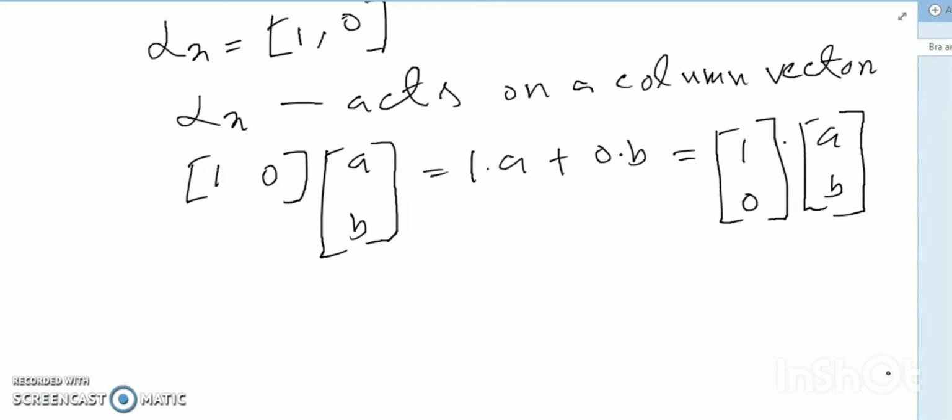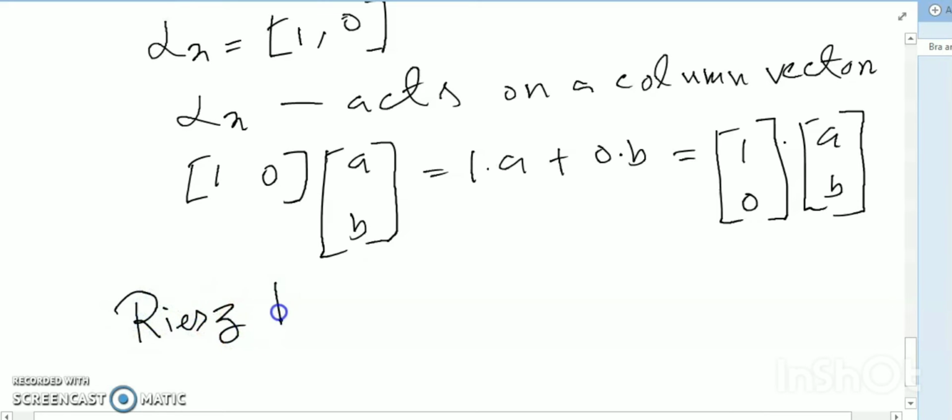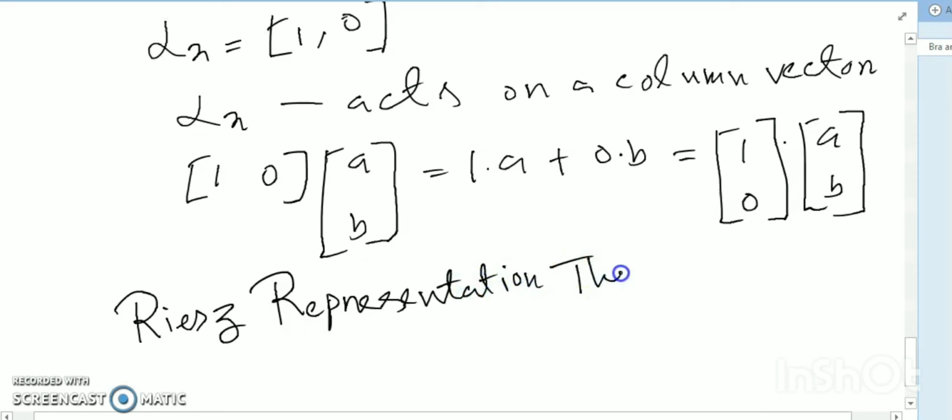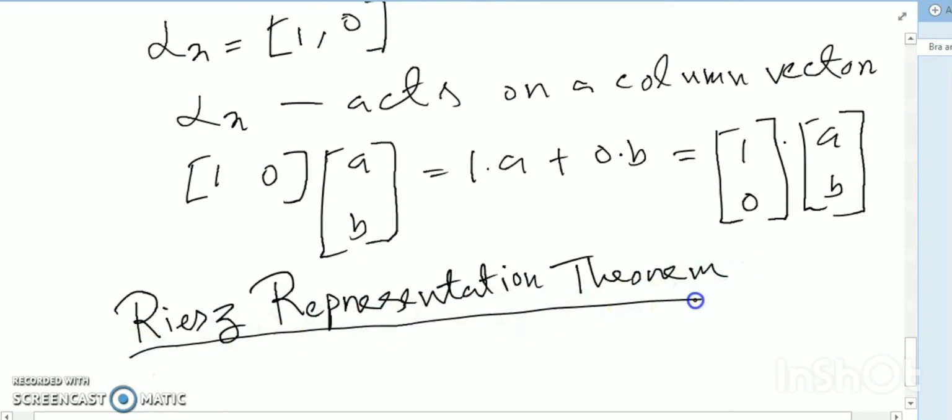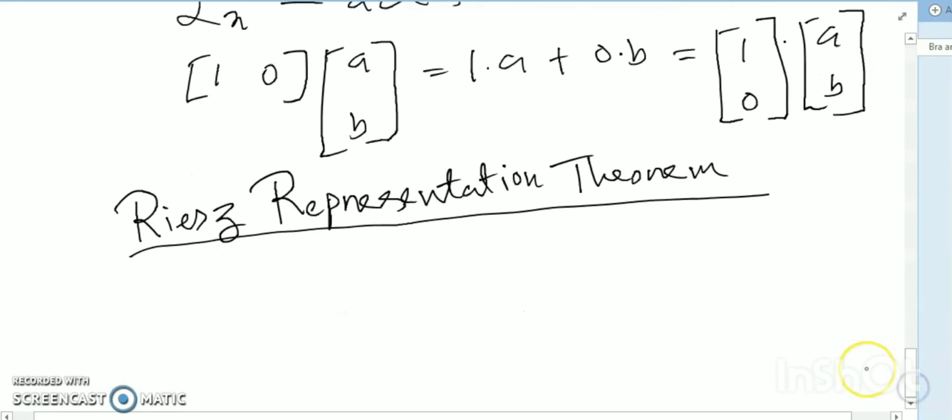This is actually a very deep and general mathematical fact rooted within something called the Riesz representation theorem.